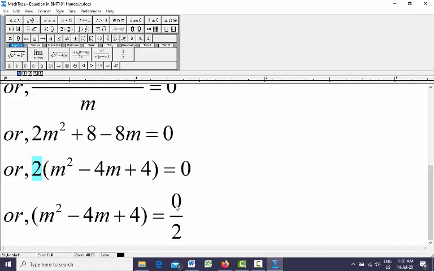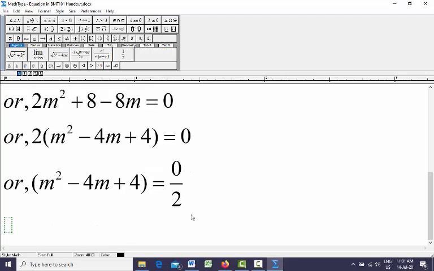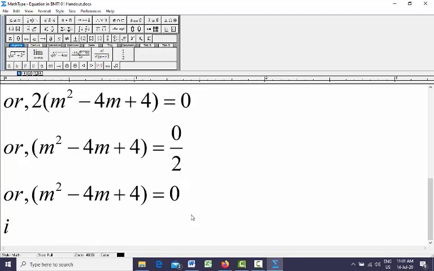So we will have 0 divided by 2, which is also 0, is equal to 0. Since this is a very preliminary course of your mathematics at bachelor level, I am showing you every possible breakdown. But in the exam, when you are an expert, you don't need to show all the breakdown. You can go for some shortcut.